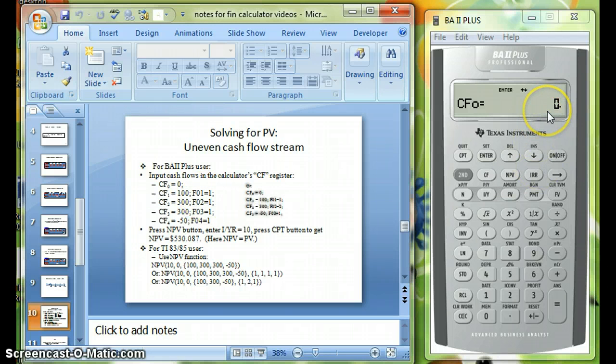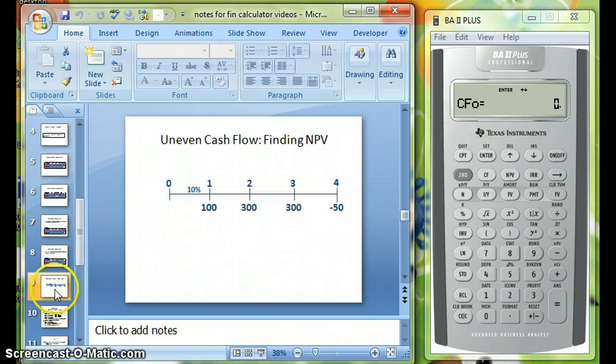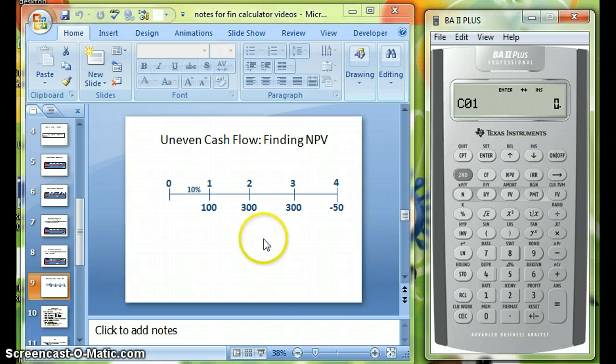We start with CF0. Once you press the CF button, you will see CF0. If you look at the timeline, we have nothing at the very beginning at time 0, so CF0, leave it as 0, and use the down arrow button to go down to start inputting your cash flows. Your first cash flow is $100, so 100, enter.